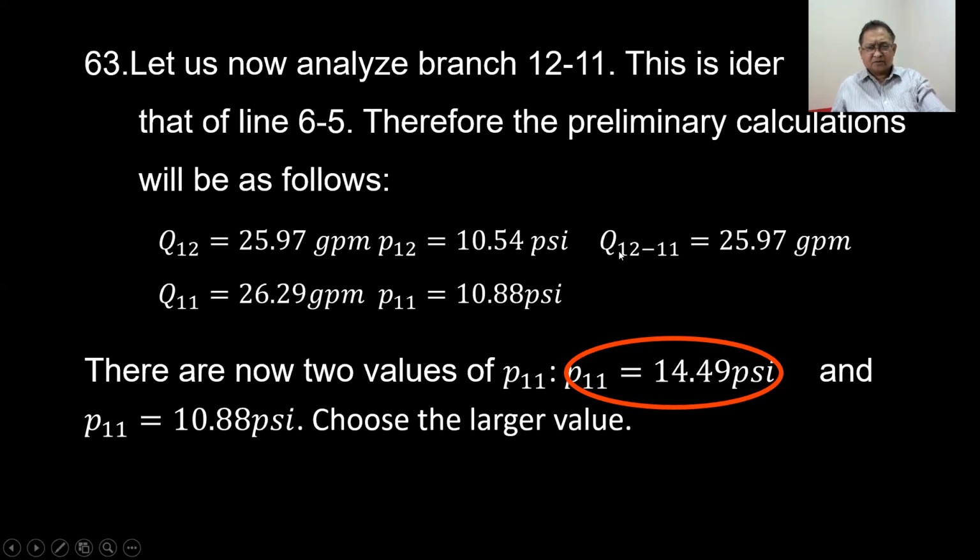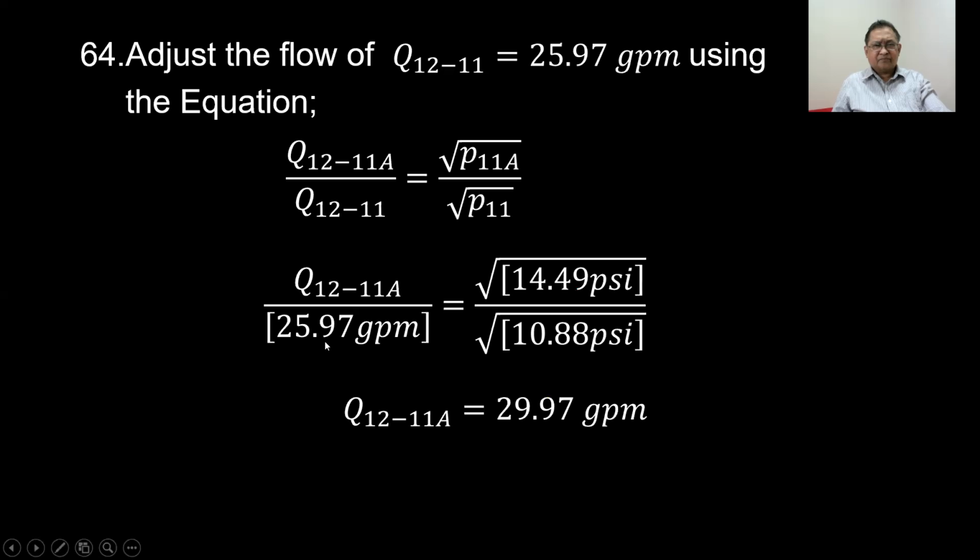So again, there will be two values of P11, 14.49 and 10.88. This cannot be. There should be only one pressure at the node. So we use the larger value and adjust the flow of pipe number 12.